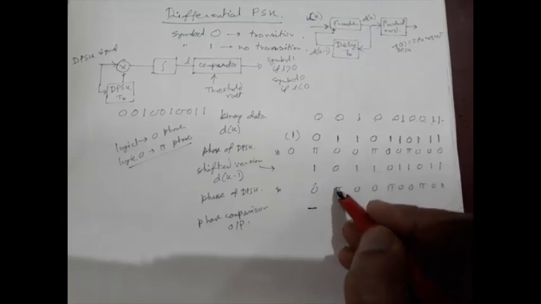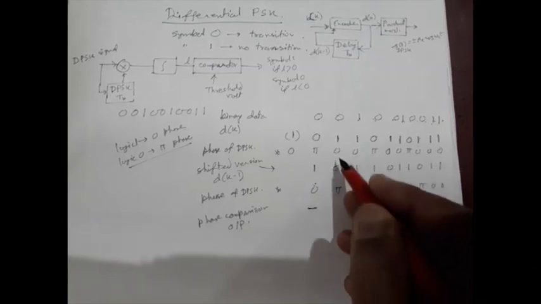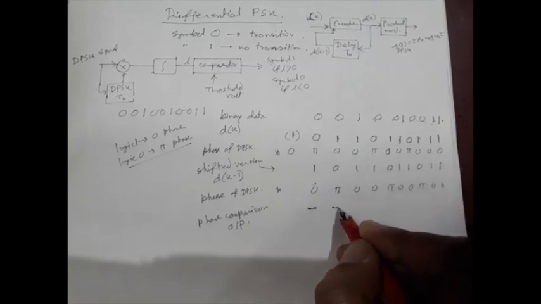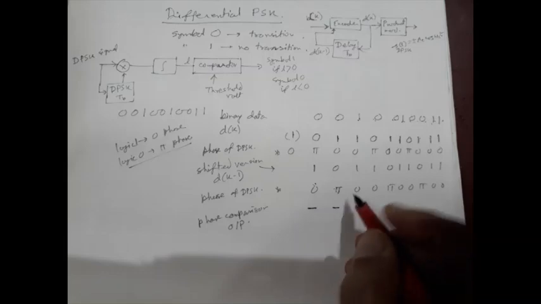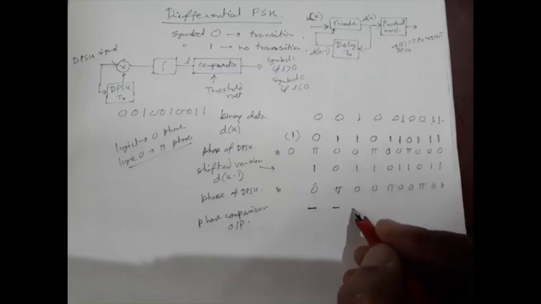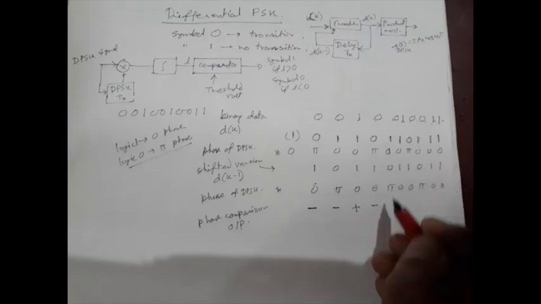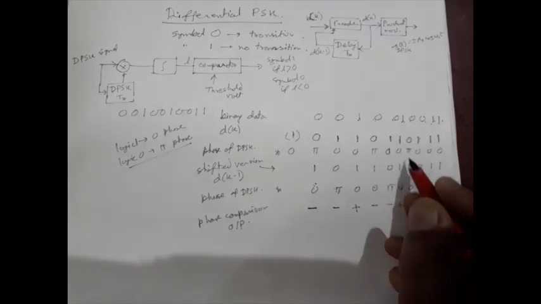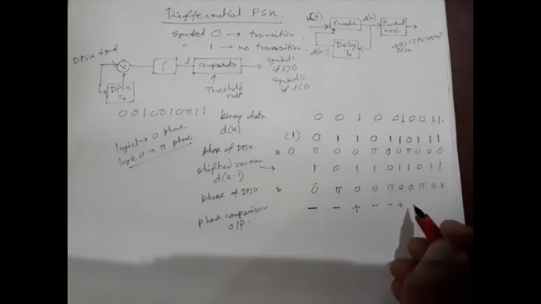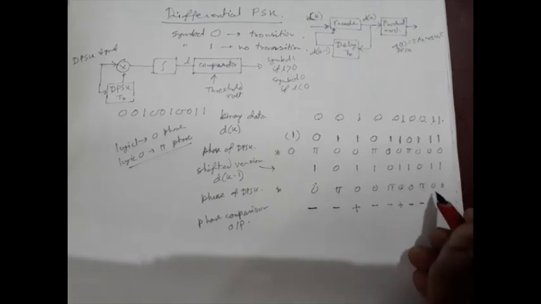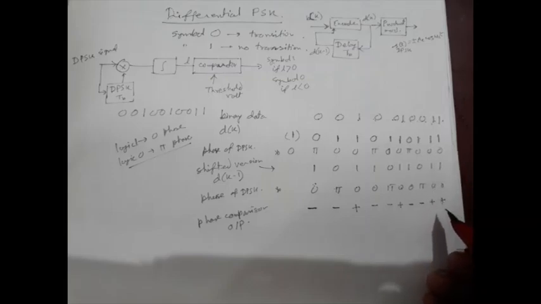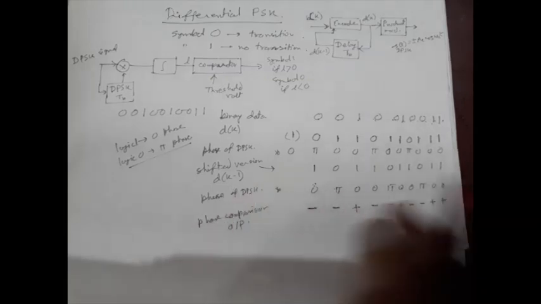Here we also have a pi phase change, negative voltage. 0 phase change, positive. Pi phase change, negative. Pi phase change, negative. 0 phase change, positive. Pi phase change, negative. Pi phase change, negative. 0 phase change, positive. 0 phase change, positive. So this is the phase comparison output.